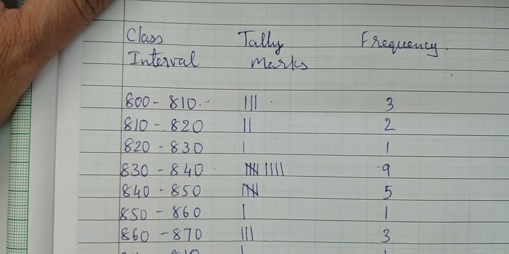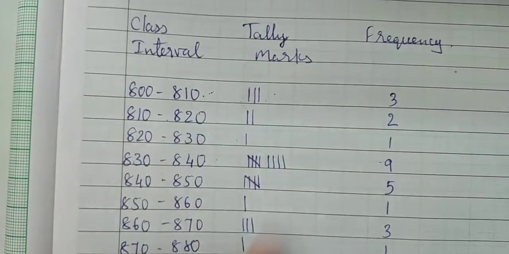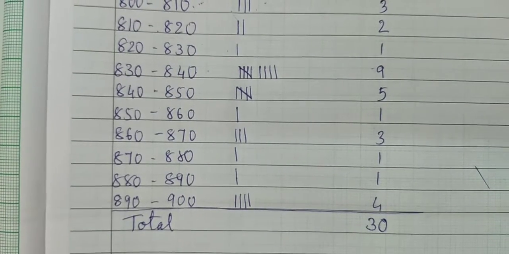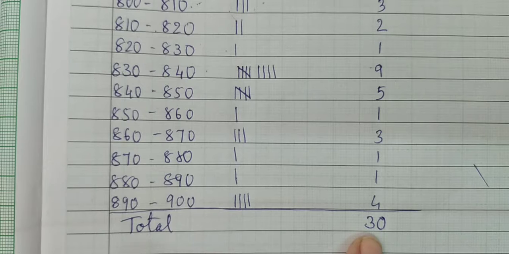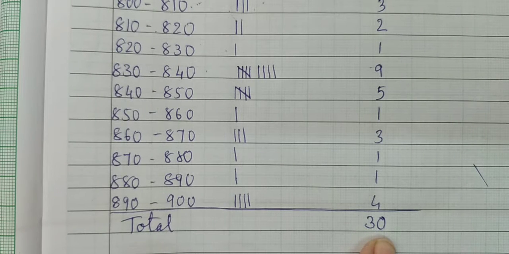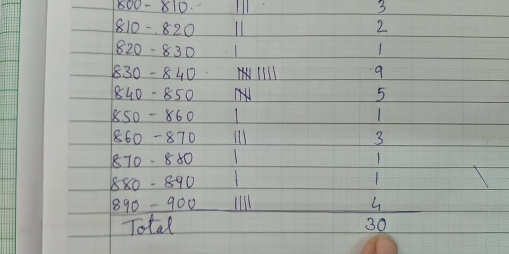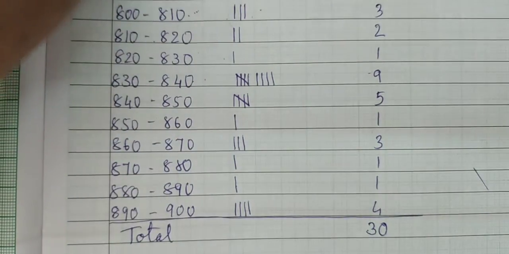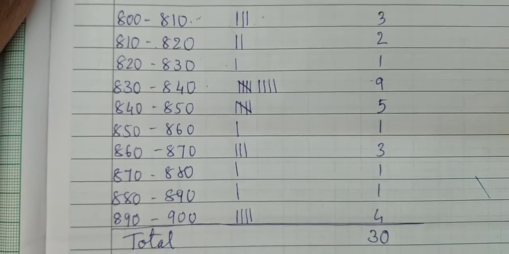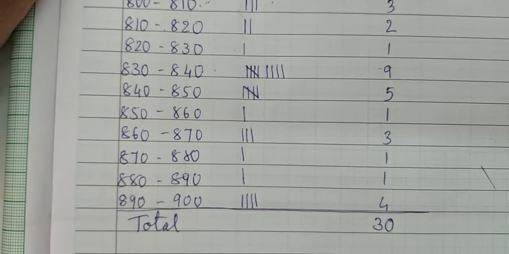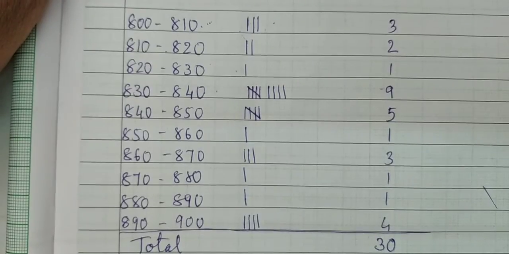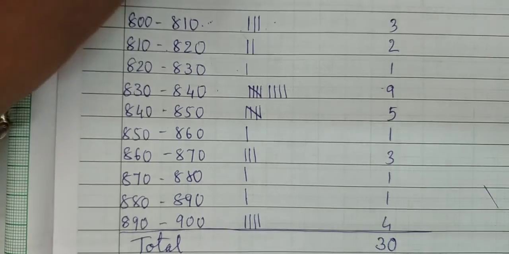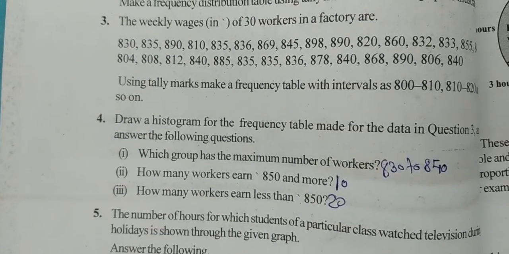Now see, the vertical lines I have not drawn, but you have to draw the vertical lines between the two columns, and this is how your frequency distribution should be prepared. And on adding up the frequencies, when you get an answer equal to the total number of entries, that will tell you that the frequency distribution is correctly done. Now, with the help of this table, we will draw a histogram and answer the following questions given in question number 4.